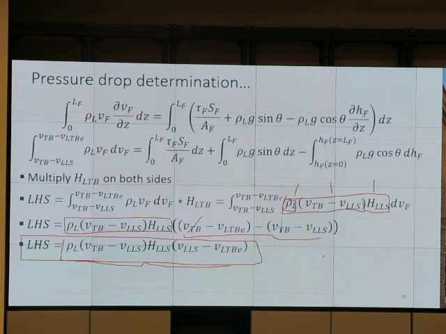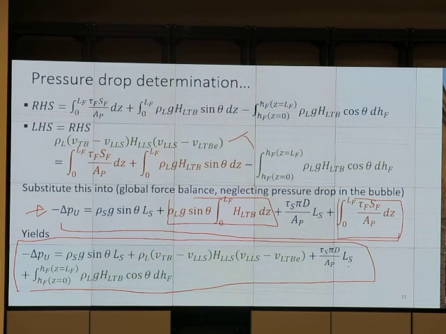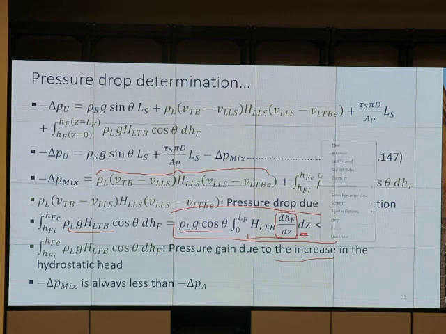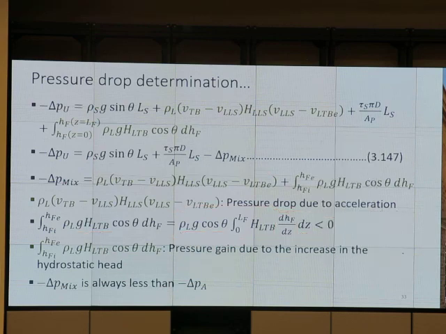Okay. Yes. Excuse me. Please, I'm confused a little bit. If we move in the direction of Z, given the film profile goes like this, are we gaining in the hydrostatic head or are we decreasing the hydrostatic head? Okay, good question, but it's not quite what we are looking at.